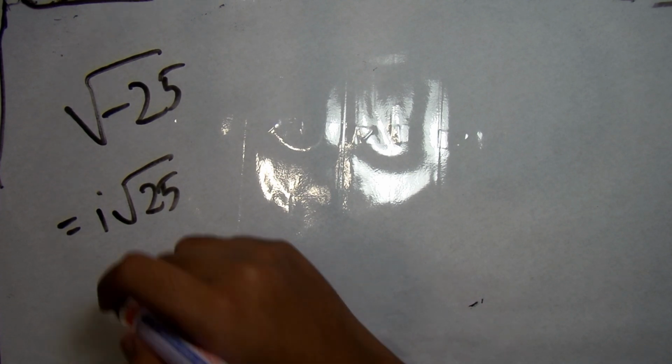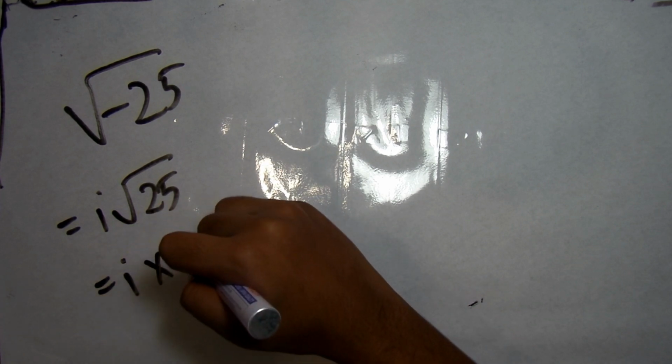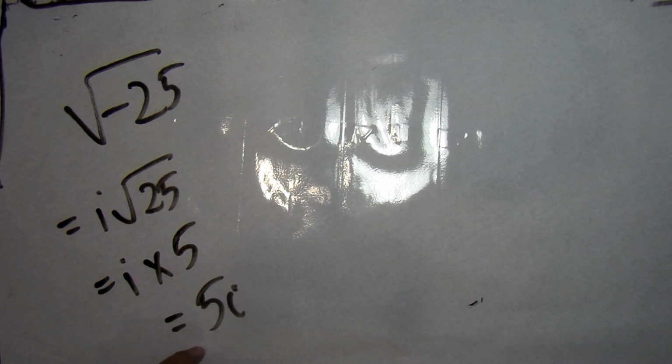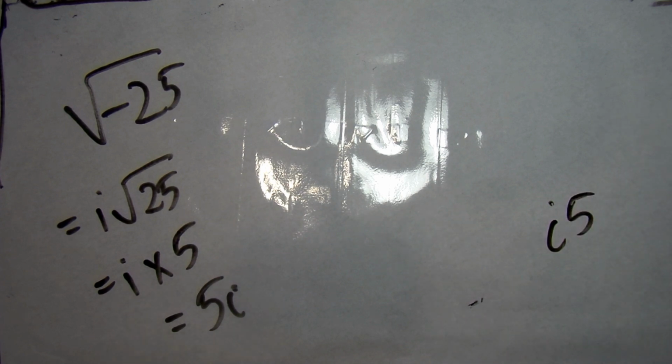Root 25 is, as we all know, equal to 5. So i times 5 is 5i. Now that the square root is gone, we can put the i at the back of the expression, because it won't be open to any more misinterpretation. Okay, please don't write i5, that's a no-no.